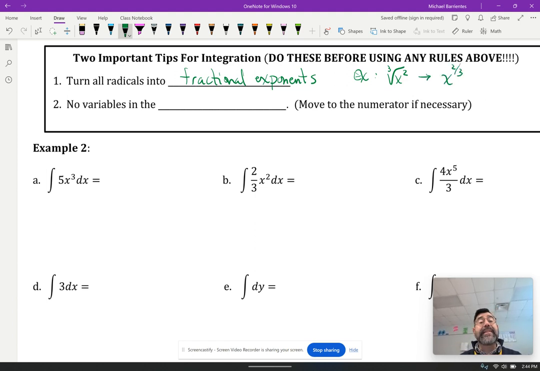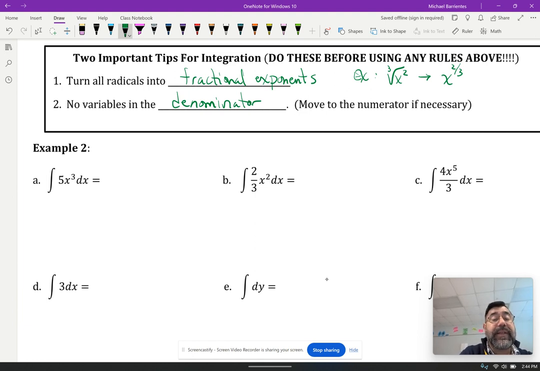That's going to help immensely to do the antiderivatives. And then, no variables in the denominator. Just like taking derivatives, we cannot do integrals with variables in the denominator, so we're going to have to move them to the numerator if necessary.